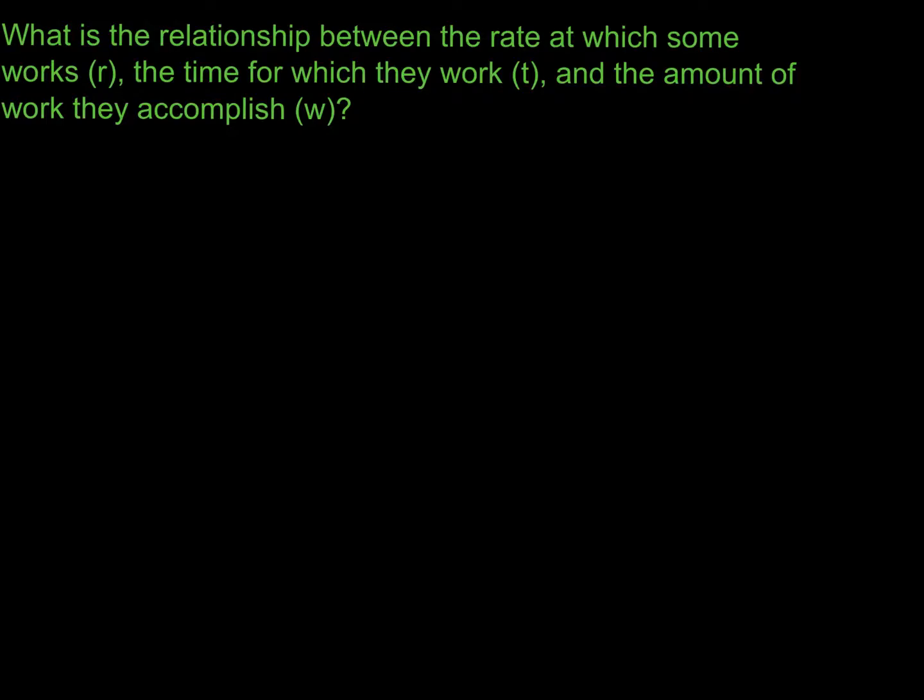So let's say that the rate at which you work, and let's just say you're building tables. Okay, so let's say that your rate is that you build 2 tables per hour, and that you work for 7 hours. Well, how much work are you going to get done?